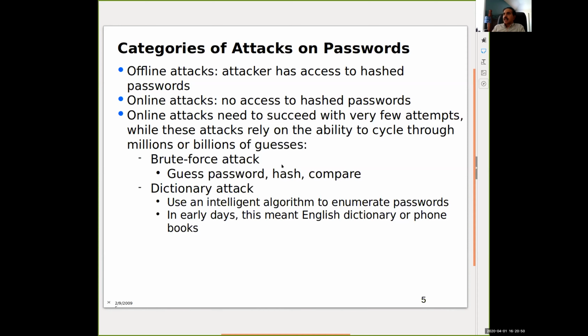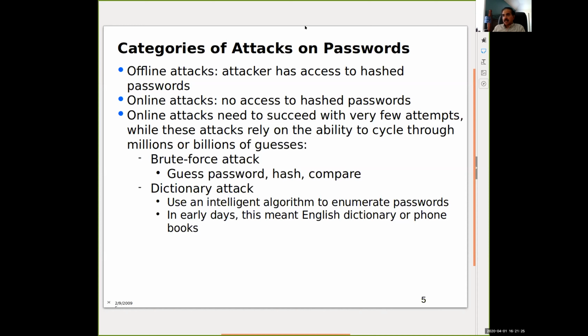The second approach is called online attack. In online attacks, there is no access to hashed passwords, so the attacker has to simply go to the password dialog and then type in their password, and they have to try it a few times until they get it right. And of course, online attacks are a little bit more difficult because no system will allow you to try your password thousands or millions of times.